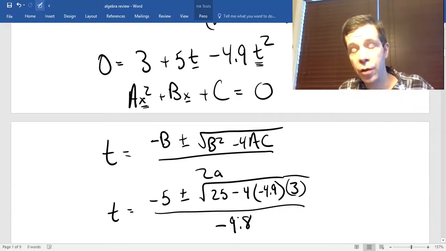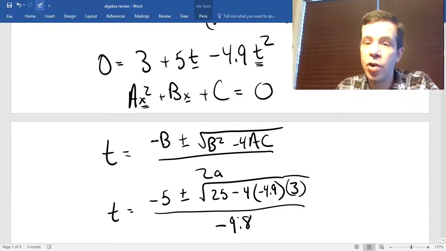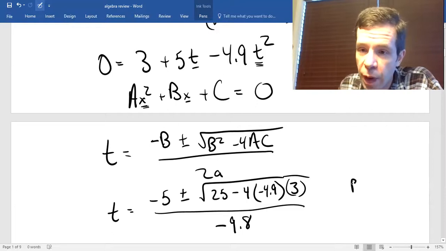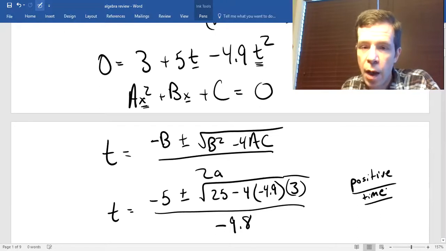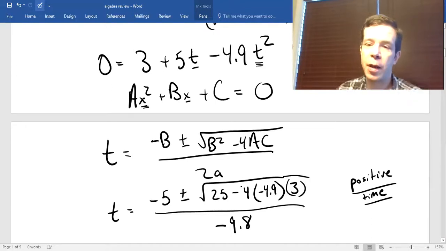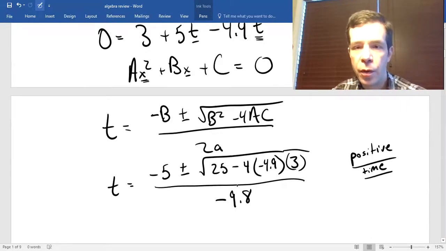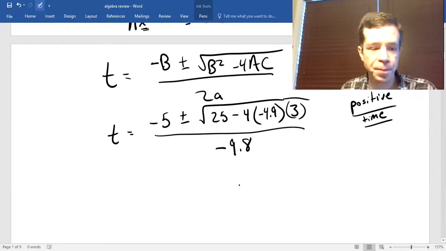Important to keep an eye on your signs there. In general, we're looking for positive values of time. And if you were to mess up your sign in your denominator here, then you might take the wrong sign on top, right? And get the wrong value. So it's important to watch your signs here.